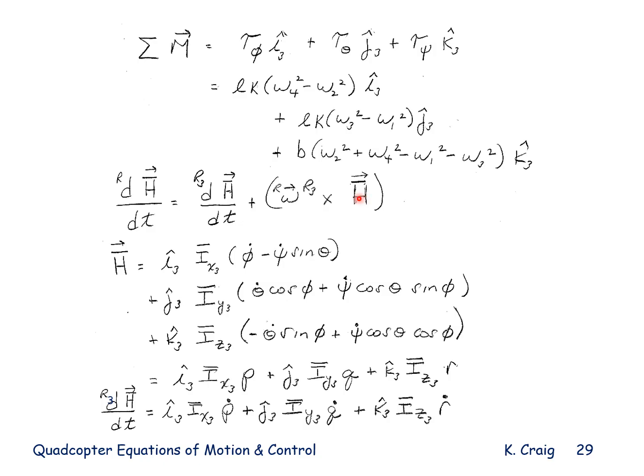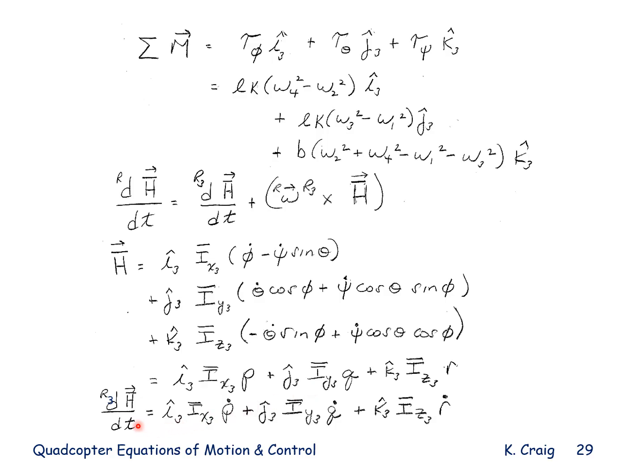That's H bar. H bar can be written by the following expression. These are the components in the body fixed axes, I3 hat, J3 hat, K3 hat, and these are the expressions P, Q, and R, as shown in the next line of my equation.